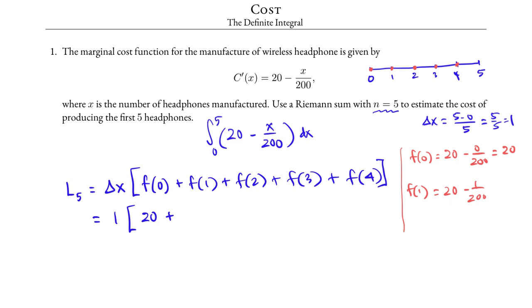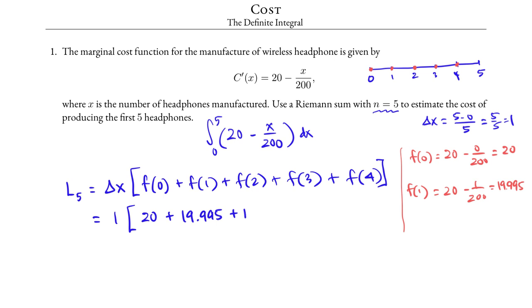So we plug 1 into x in the function, and we will get 19.995. And so f of 1 is 19.995.